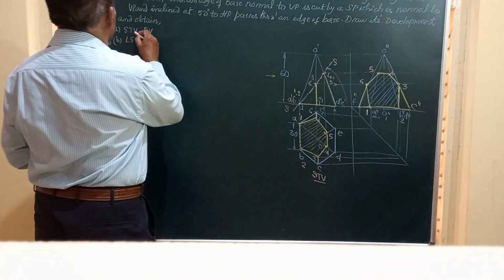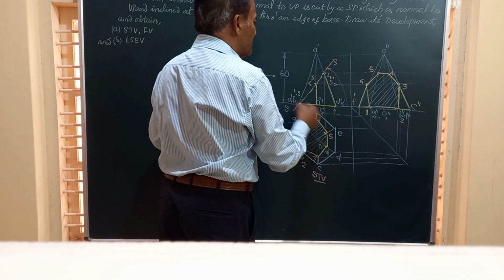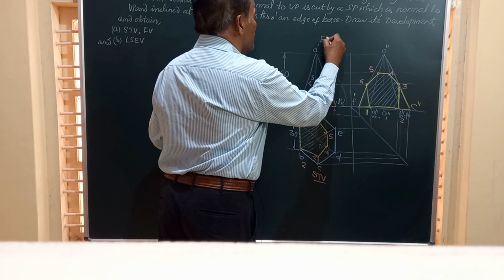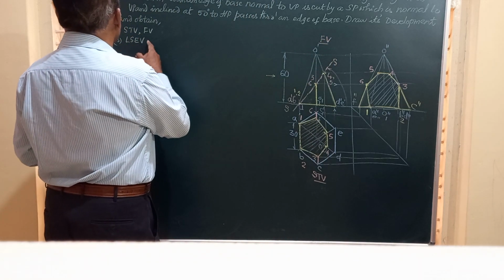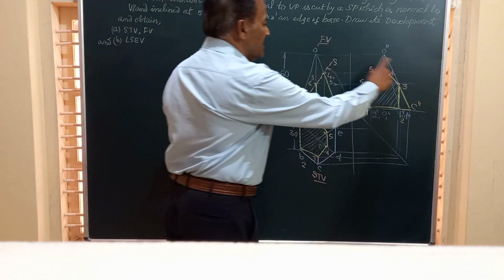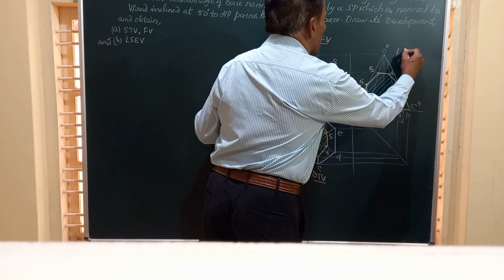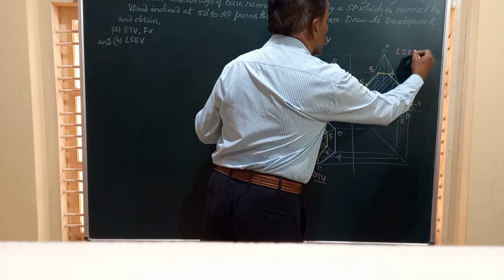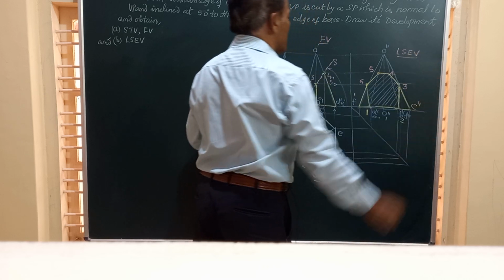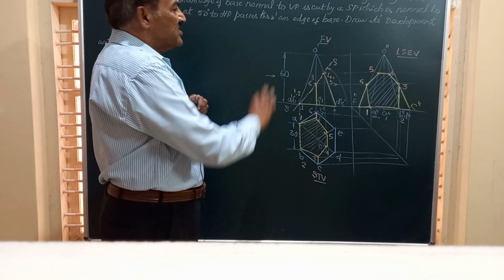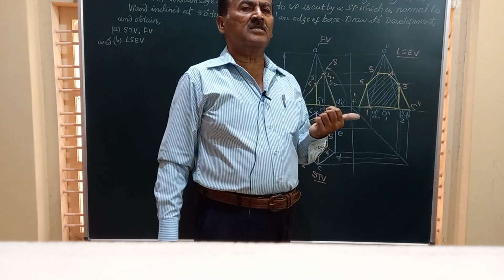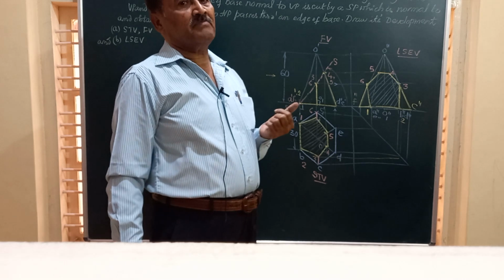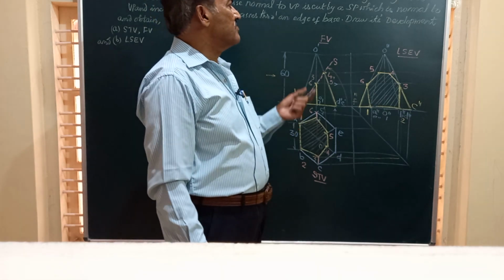That is asked in the question. This figure with the section plane will represent the front view, and the left sectional end view. This is the left sectional end view. I will call it LSEV, or sectional end view. Friends, this is how we complete the section of the hexagonal pyramid.